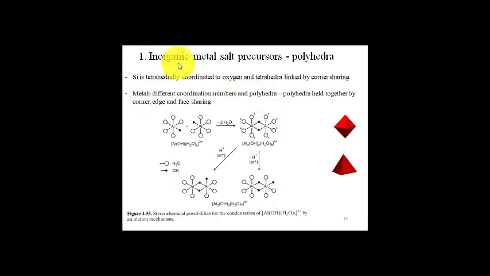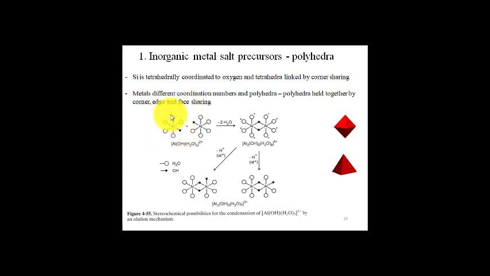Next are the inorganic metal salt precursors and the formation of polyhedra. Silicon is tetrahedrally coordinated to oxygen and tetrahedra are linked by corner sharing. Metals have different coordination numbers. They can form polyhedra, and polyhedra can be held together by corner, by edge to edge, by face to face.